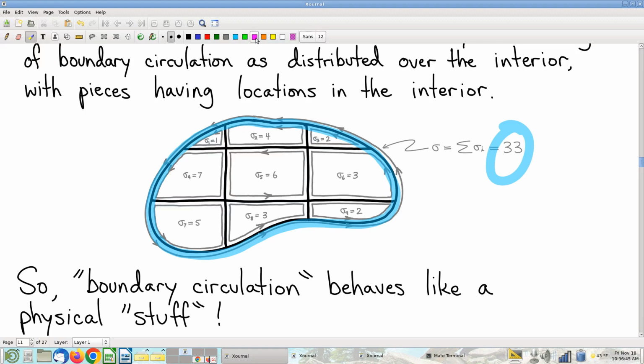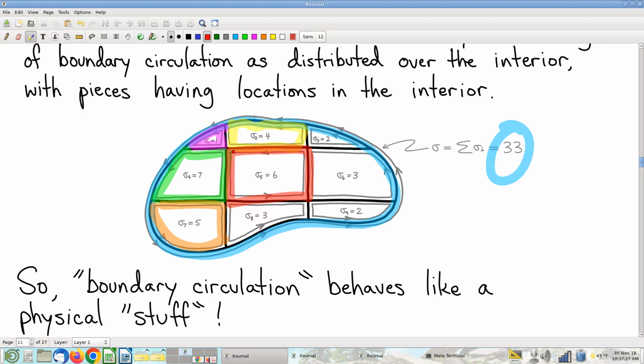Well, that circulation is the sum of that circulation plus that circulation plus that circulation plus that circulation, etc., etc. Let's see here, plus this circulation, blah, blah, blah. So how much of this 33 came from this red chunk in the middle? How much of the 33 came from in there? Well, that 33 is literally a sum of these 9 numbers. And so whatever the boundary circulation is for this piece, that's how much of that 33 came from there.